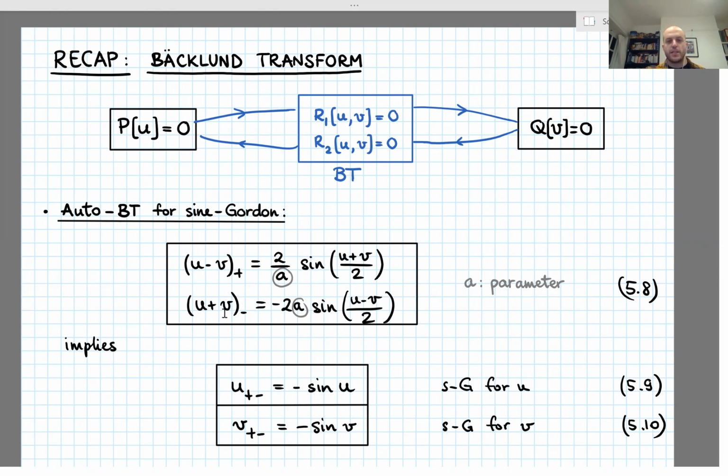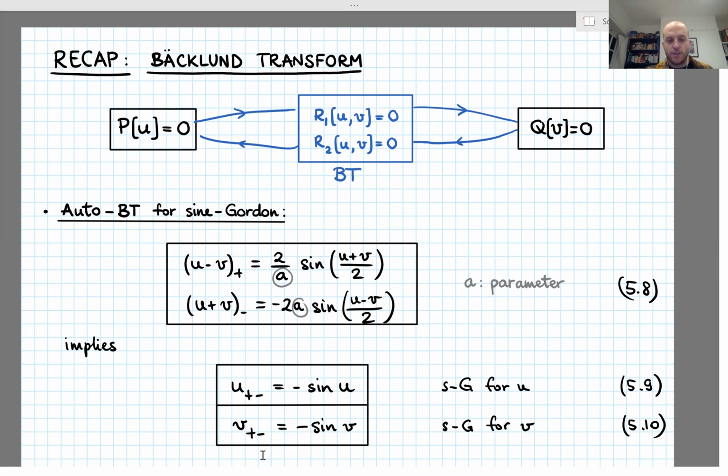So we have once again a pair of relations between u and v that you see there in the box. And what we saw is that this pair of relations implies an equation for u, which is the Sine-Gordon equation, u plus minus equal to minus sine of u.